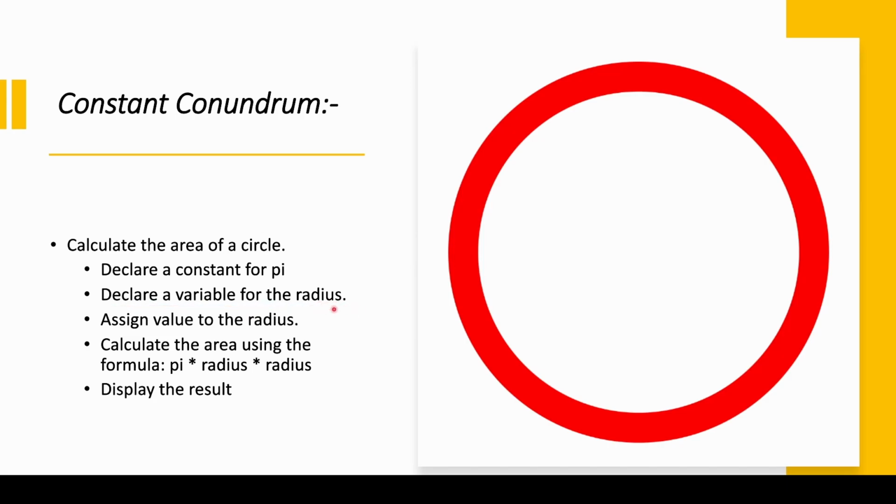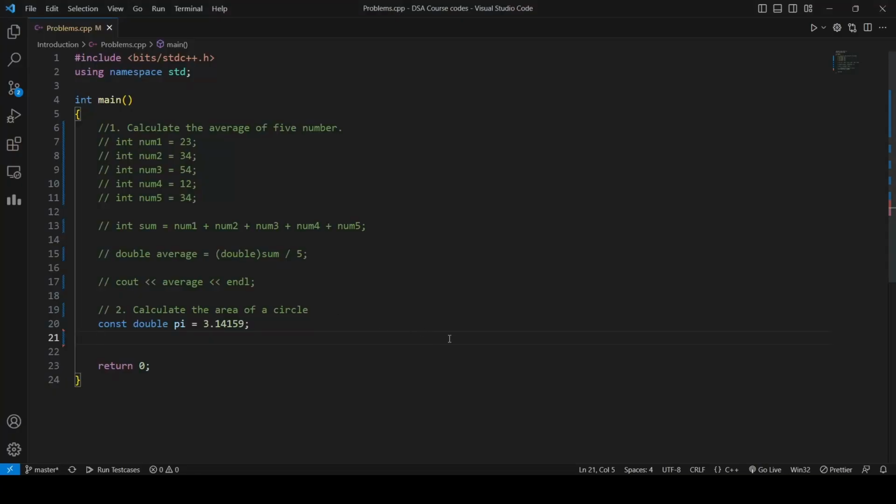Our second task is to declare a variable for the radius. As you all know, the radius can be a floating point number, so I will take double radius. Here I take the variable, and here I will print a statement with cout.